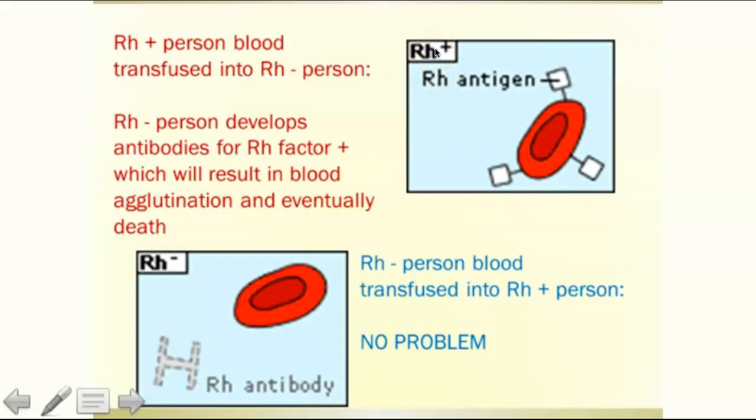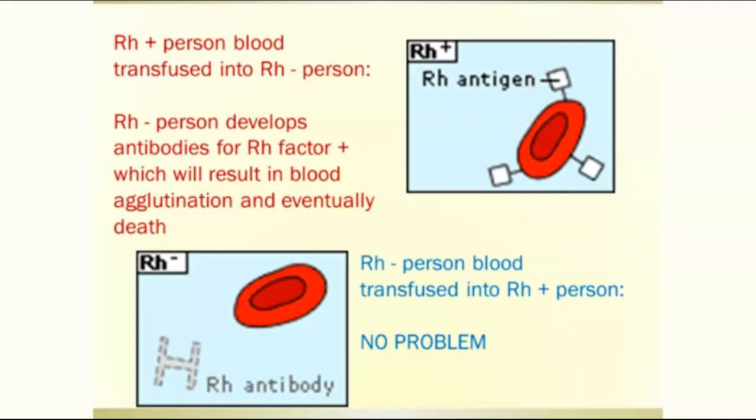So you might know I'm type A or I'm type B, or you might know I'm type A positive or A negative or B positive or B negative. The positive and negative deals with something called the Rh factor, and it's just another antigen that's on some red blood cells.